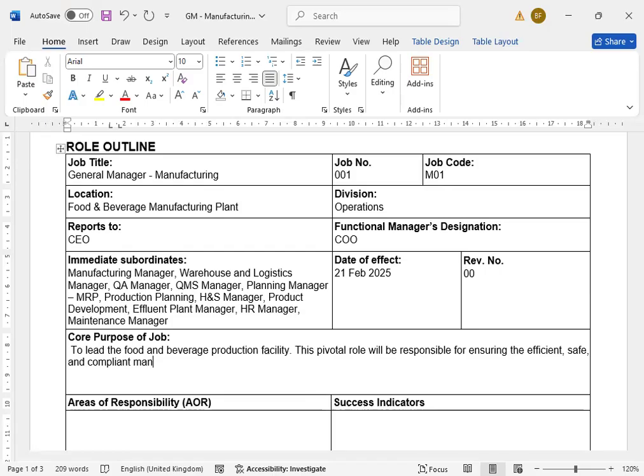It's also in compliance with the FDA, Food and Drugs Administration, regulation. It's a compliant manufacturing of high quality.